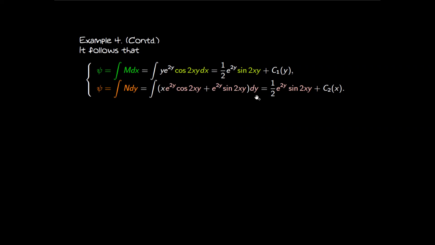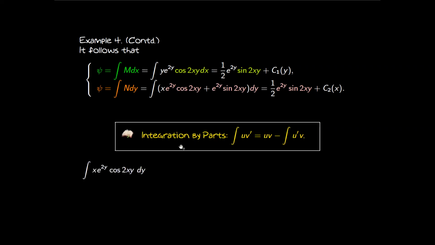Now, for this case, we have to do integration by parts. So here's the integration by parts formula, right? For the product, we're going to consider one factor as u and another factor as v prime. Now let's focus on the first term.